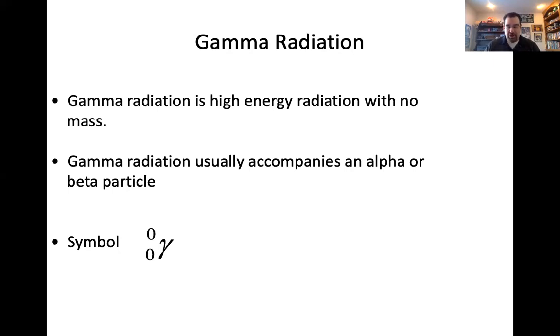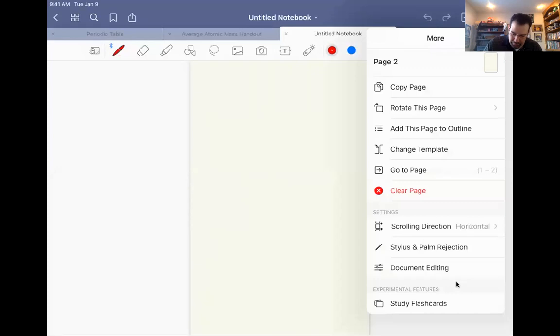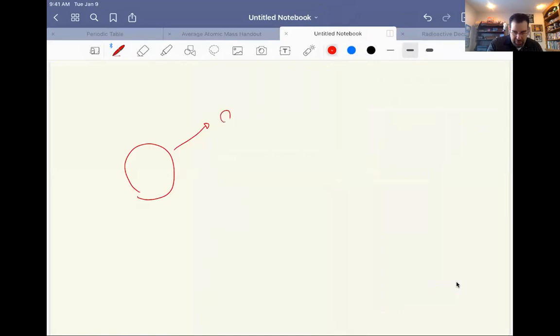Let me make a quick diagram here for you. You've got your parent nucleus. It gives off some sort of radiation, and you're left with a daughter nucleus.